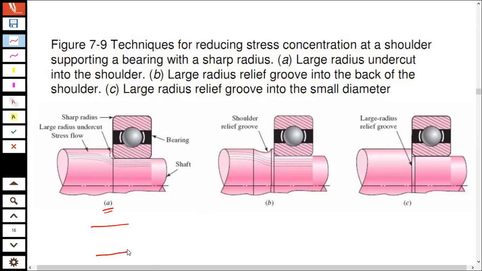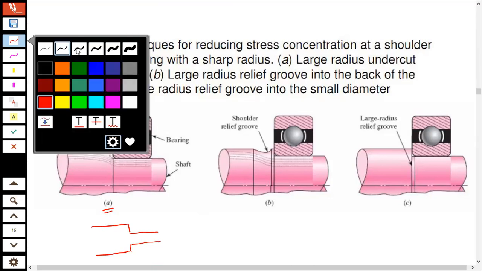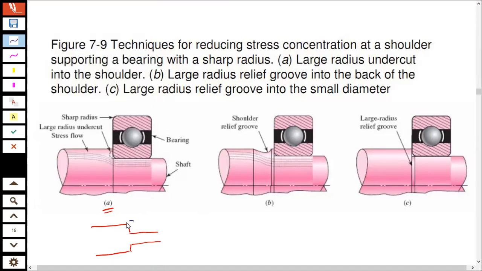When you switch from a large radius to a smaller radius, basically this portion has stress concentration. When geometry changes suddenly, there is stress concentration.